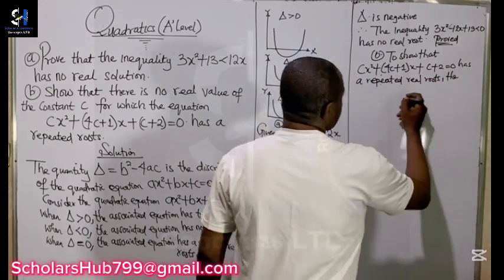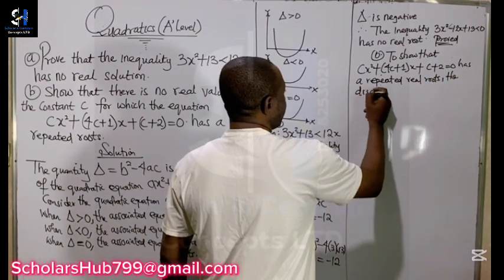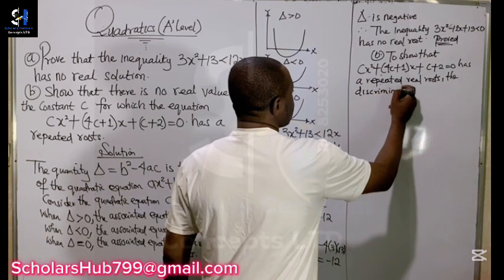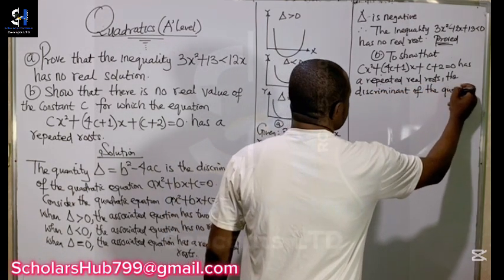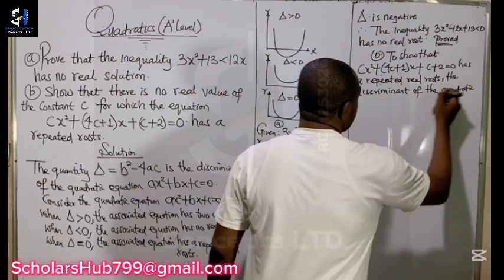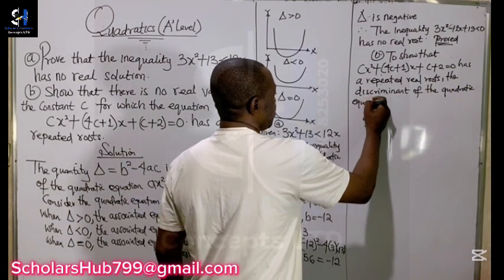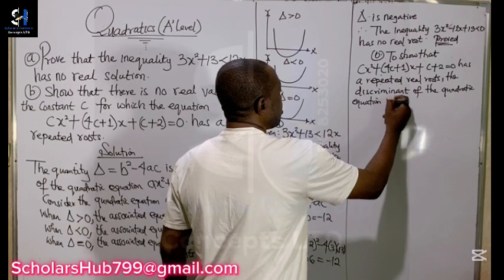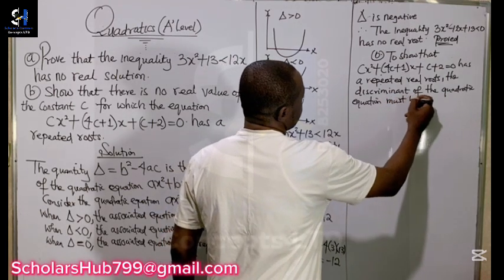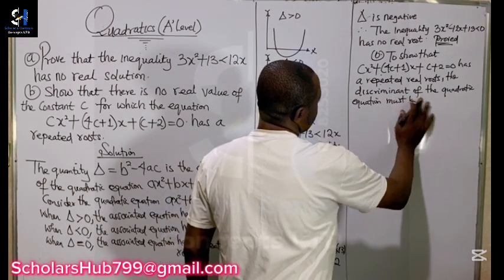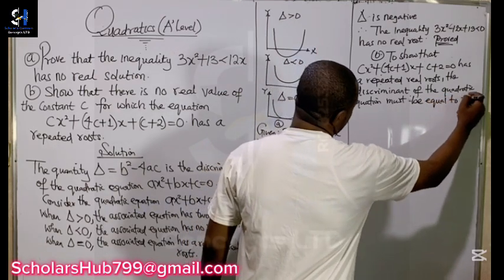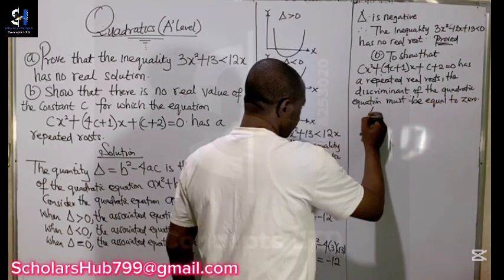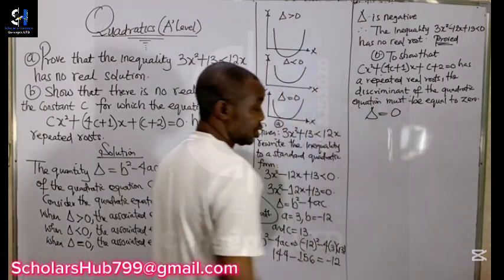The discriminant of the quadratic equation, which is the associated equation, must be equal to what? 0. So this must be equal to 0.